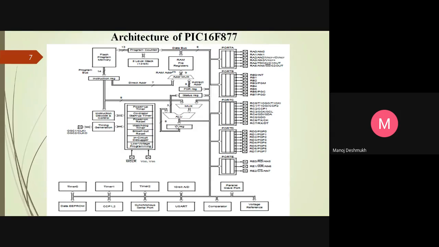In the PIC microcontroller, we are able to store the result in various file registers, specifically in case of ALU operations. This is an additional feature provided by the W register, that is the working register, in the PIC16F877 microcontroller.